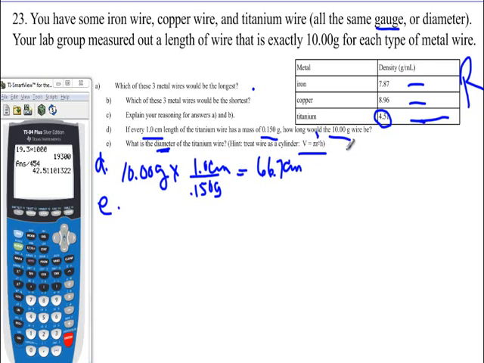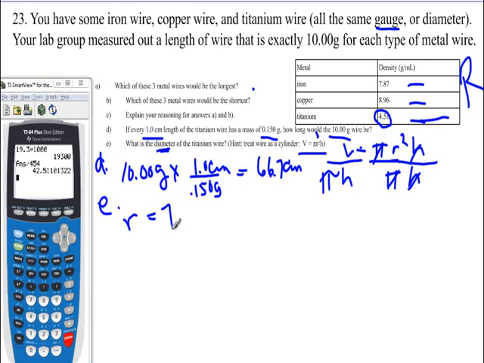If I have V equals pi r squared h, and I want to solve for r, I'm going to divide this side by pi h, right? So that r is all by itself, and I can divide this side also by pi h. So r squared is going to be V over pi h, which means r is going to be the square root of V over pi h.